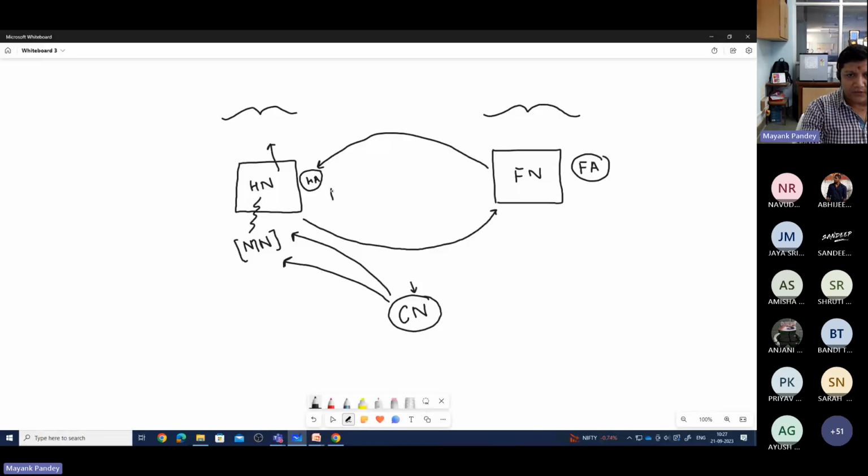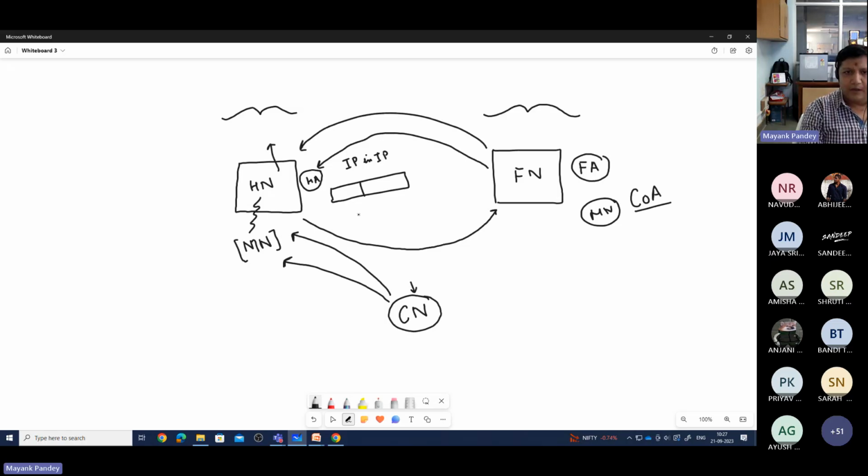Now there would be a process of IP in IP tunneling. Here, the foreign agent will provide the mobile node a care of address, which will be informed back to the home agent. Now, the home agent will have the outer IP address as the care of address, and the inner IP address would be the original address of the mobile node.